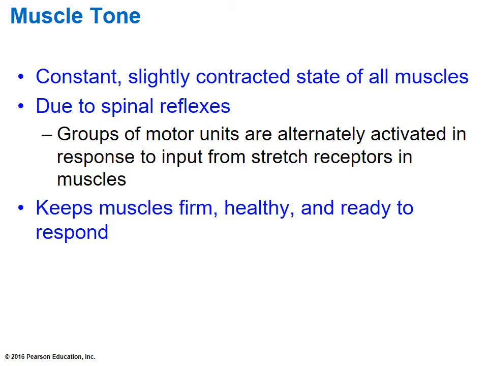The consistency of this contraction is often controlled by our spinal reflexes, and the goal of it is to maintain our overall body build, as well as maintenance and protection of the organs that it is trying to protect. It will also obviously play a role with our posture and allowing us mobility once stimulation is received.